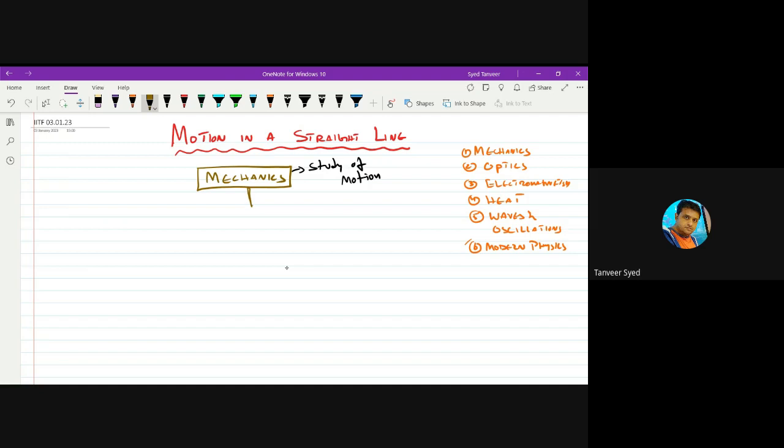it can be divided into 3 sub branches. One is kinematics. Second is dynamics.